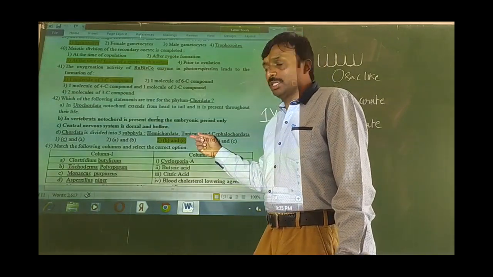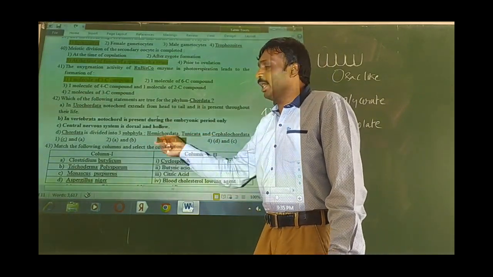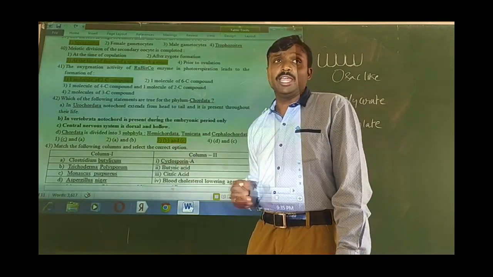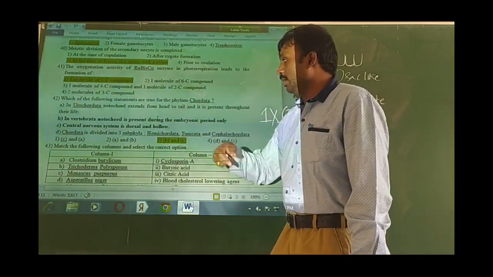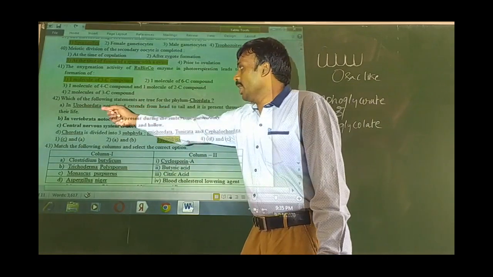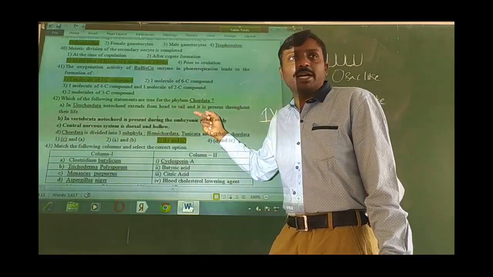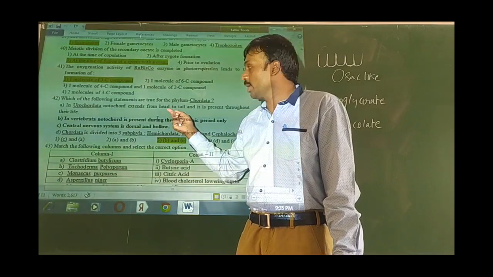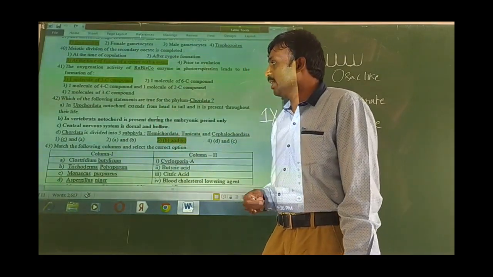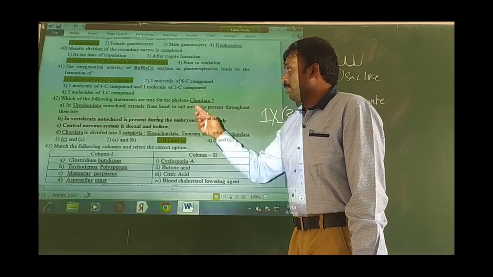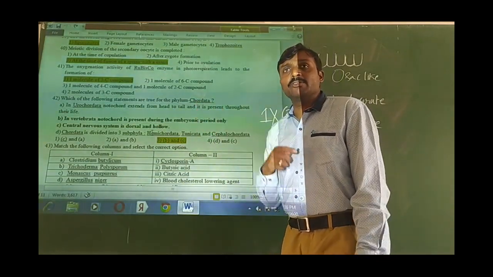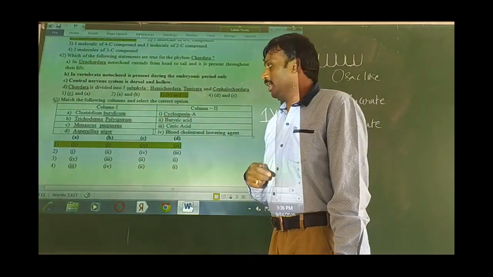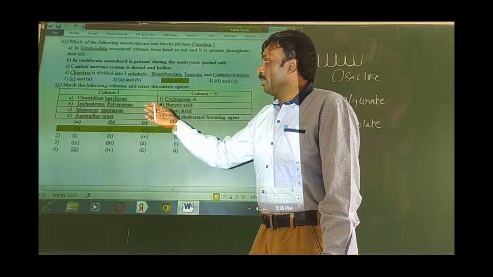So if we go to this D statement here, the 3 subphyla include Urochordata, right? Not hemichordata. So this becomes a wrong statement. Then in Urochordata, notochord extends from head to tail is given. This is also again a wrong statement. Okay, only statements B and C are the correct statements which talk about phylum Chordata. So option 3, B and C, is the correct answer. Then moving on to the next question.